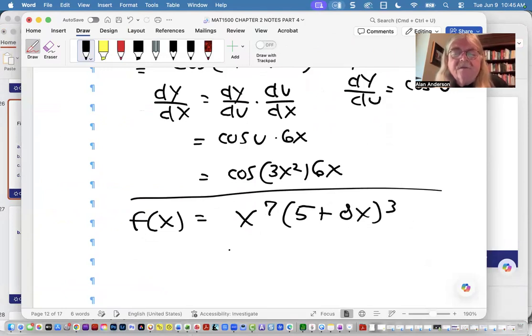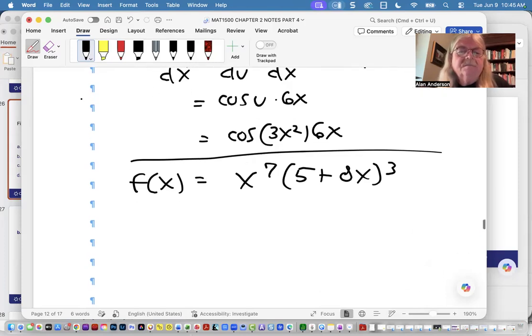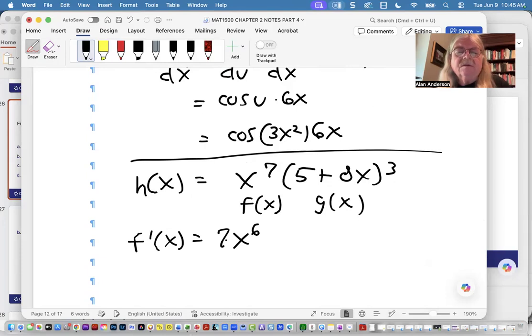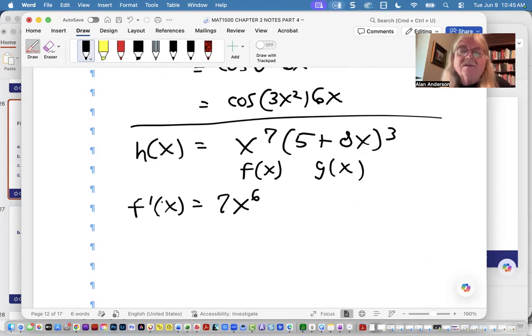Now, it is a very straightforward product rule, except for one tricky part. So here's what we'll do. I'm going to write this as h. I just like it this way. f prime of x, we just simply use the power rule. Now, g prime of x, though, requires the chain rule. That's why they're doing this.